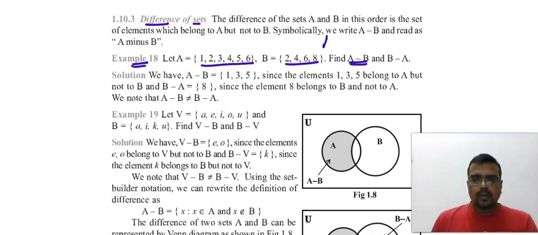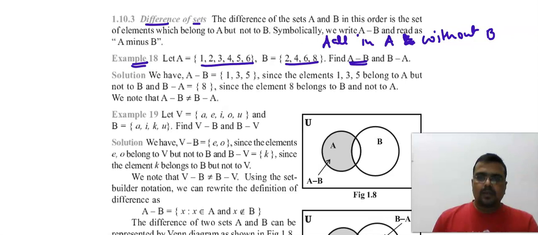Means all in A and not in B. You have to remove whatever A has that is a part of B. So you can see here 2, 4 and 6 is actually a part of B also.